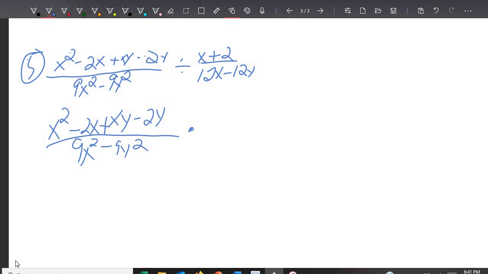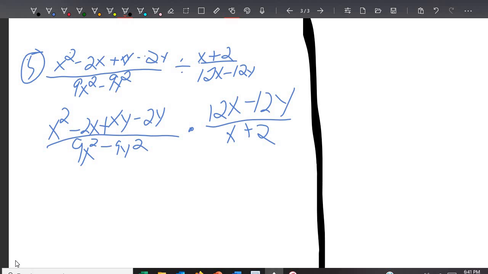Alright, multiplication. 12x minus 12y up top, x plus 2 in the bottom. Now, the top of the first fraction has 4 terms. This requires the grouping method.